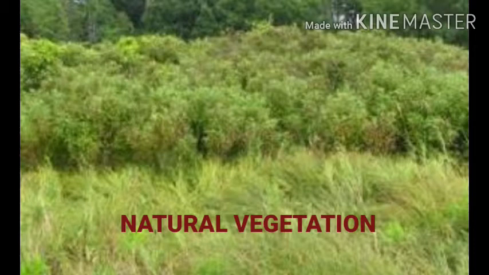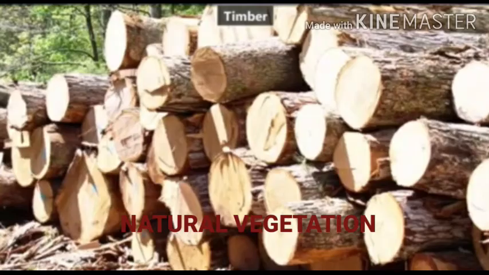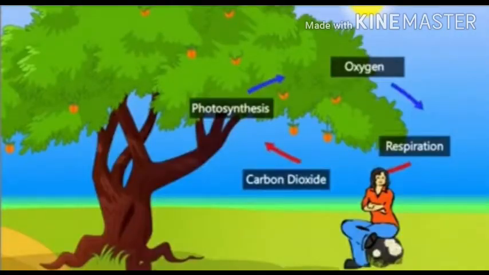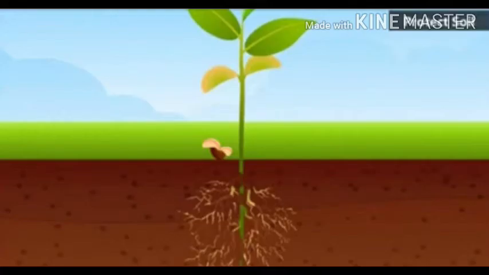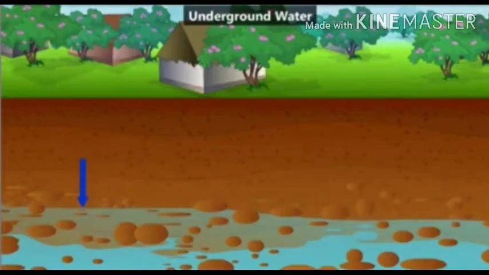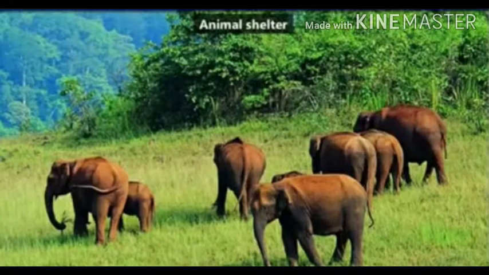The natural vegetation, which is comprised of plants and trees, forests, shrubs, etc., provides us with timber, produces the oxygen we breathe, protects the soil, which is so essential for growing crops, helps in storage of underground water, and it is also a support for the wildlife that includes the animals, birds, insects, as well as the aquatic life forms.